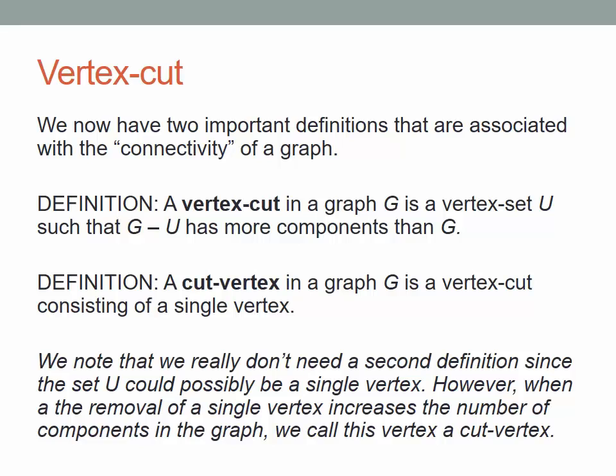On the other hand, a cut vertex is a single vertex whose removal disconnects the graph. Now, every graph has a vertex cut set, but not every graph has a cut vertex, because a cut vertex is a single vertex whose removal disconnects the graph.